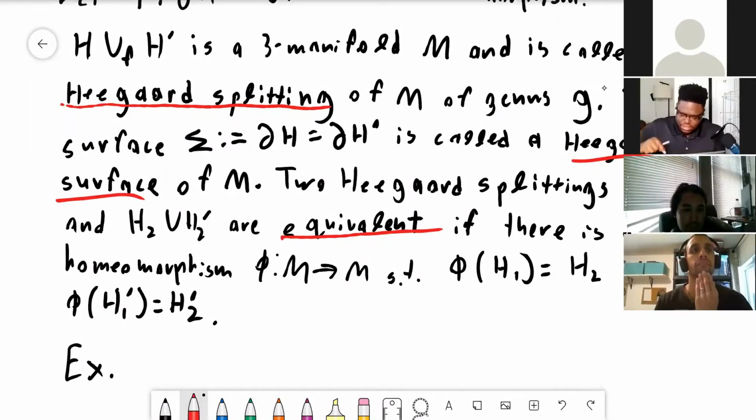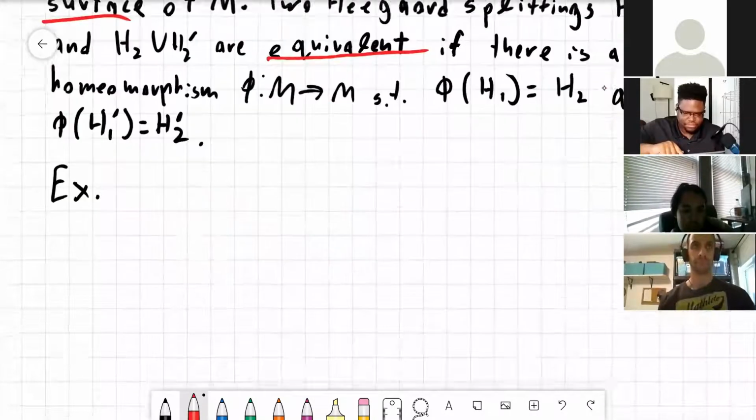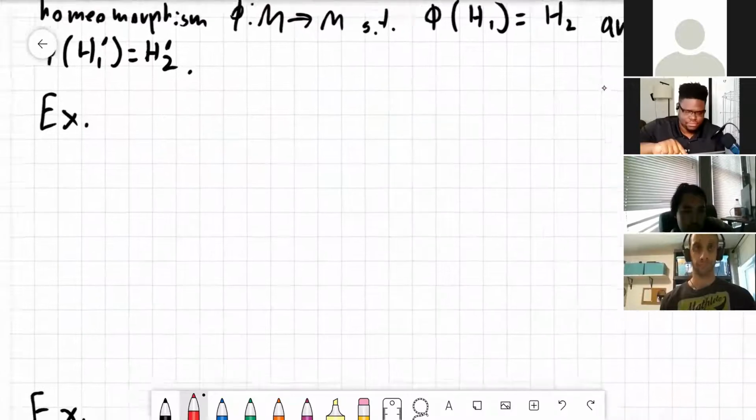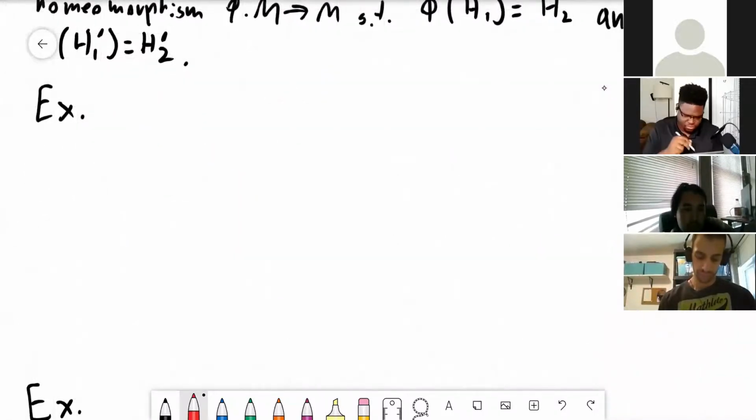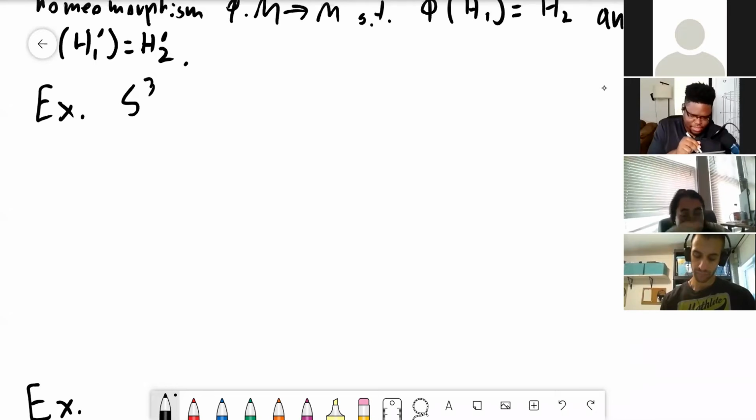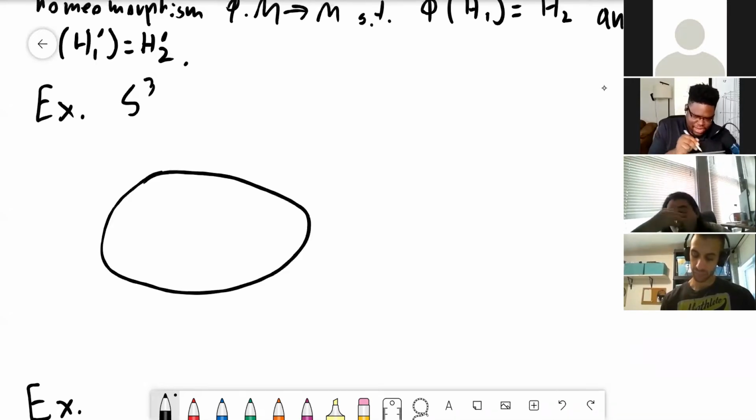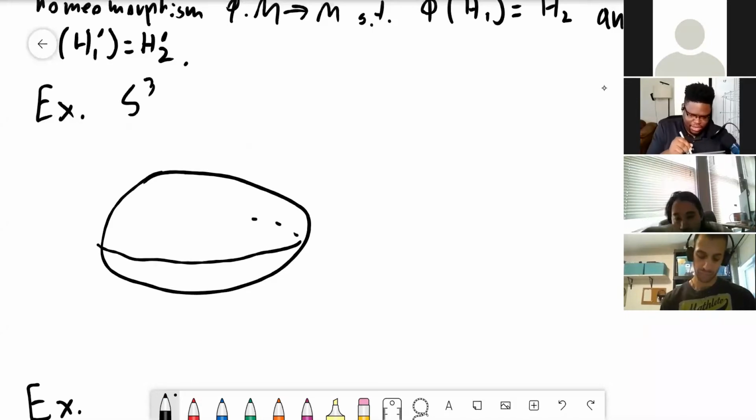All right, let's go ahead and start doing some examples. So the first example that we're going to start with, of course, is S3. It's always a good example to start with. Let's pretend like this little white space here is S3, and we can draw a 2-sphere inside of S3.